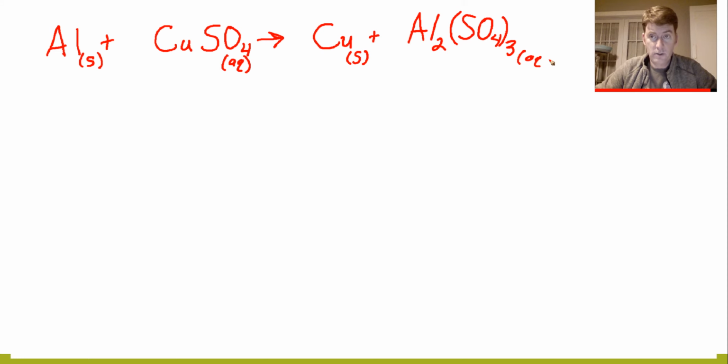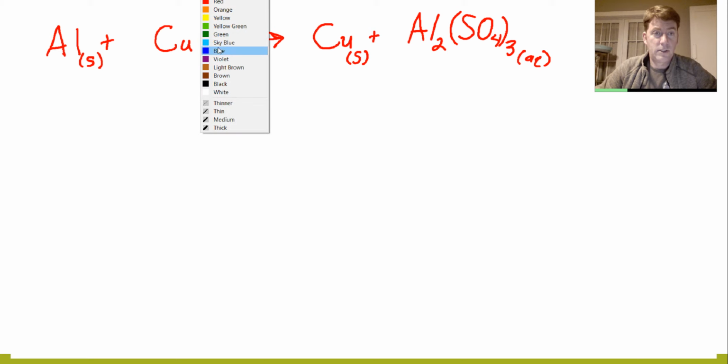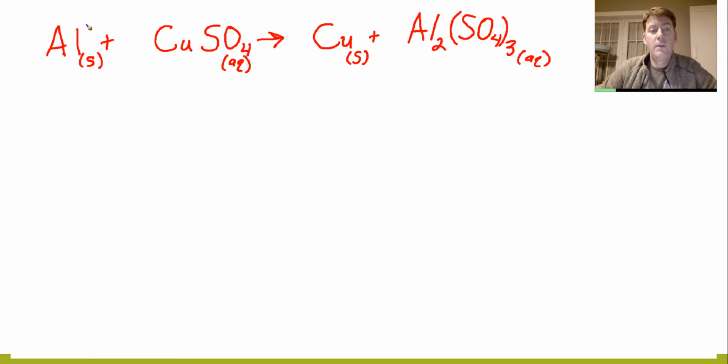This is also aqueous, so we will have that solution there. So now we look at what's wrong here, what's not going to work out. When we do this, metals are a good place to start. So I should have changed my color before I did that, but we have 2 aluminums on this side, so I need to start with 2 aluminums. And now my aluminum problem is fixed.